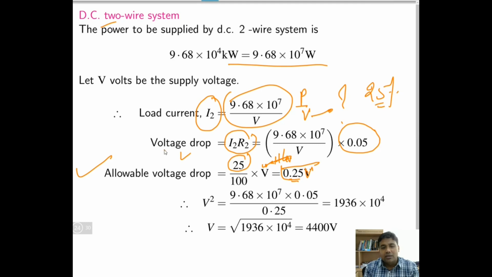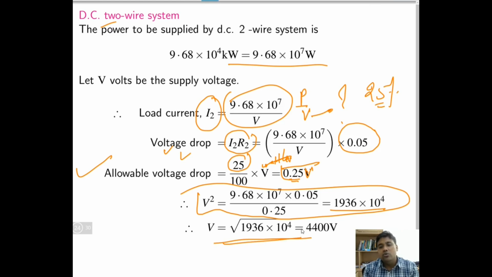If you equate it, you'll find a relationship with the square of the voltage as 1936 × 10^4. This voltage you can find by taking the square root, which gives 4400 volt. So 4400 volt is what you find for a DC two-wire system when the same power is transmitted as in the previous case. So here you have to find the voltage.